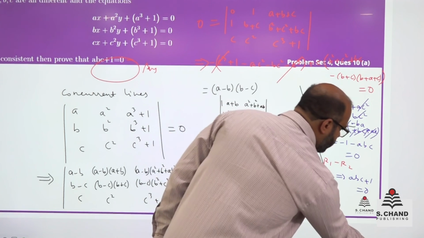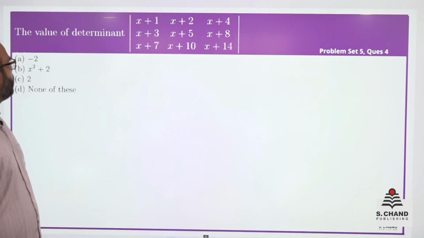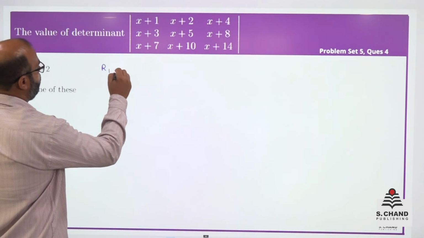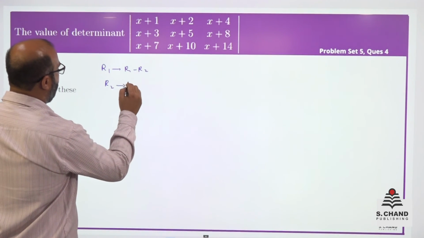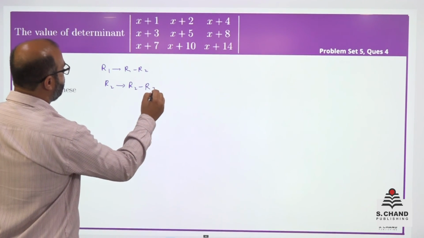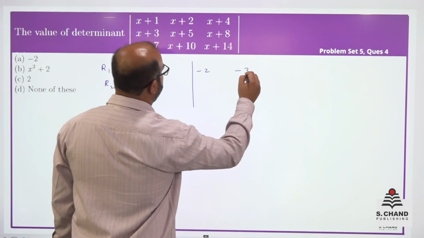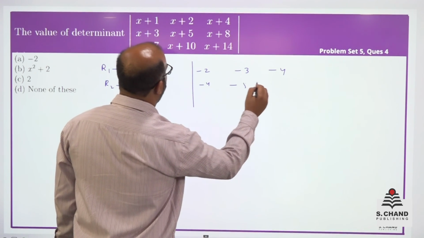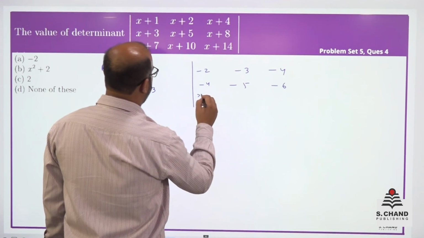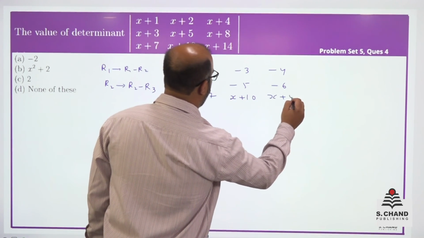Let us come to the next question. The value of this determinant is equal to, so let us apply R1 as R1 minus R2 and R2 as R2 minus R3. So this will become minus 2, minus 3, minus 4. This will become minus 4, minus 5, minus 6, x plus 7, x plus 10, x plus 14.